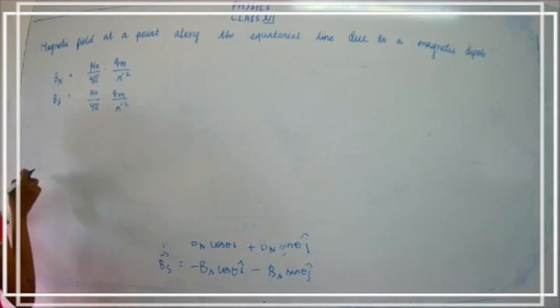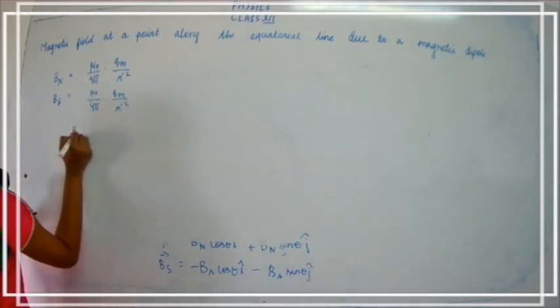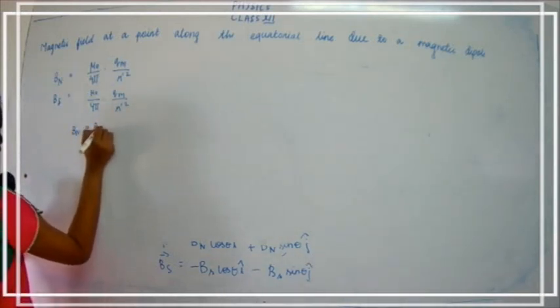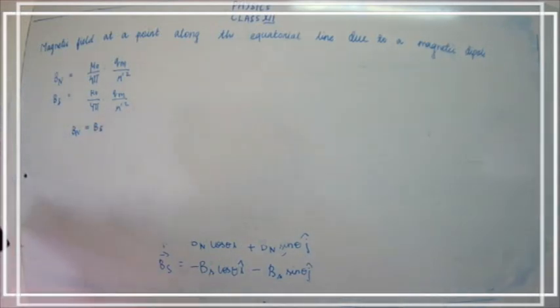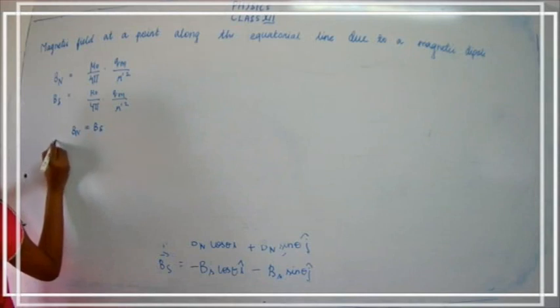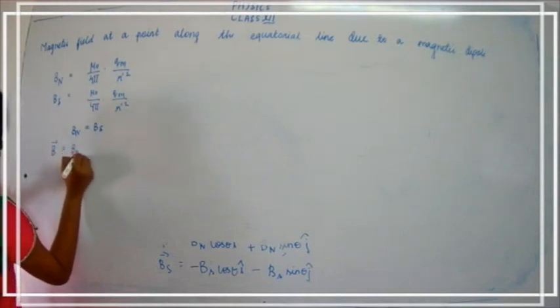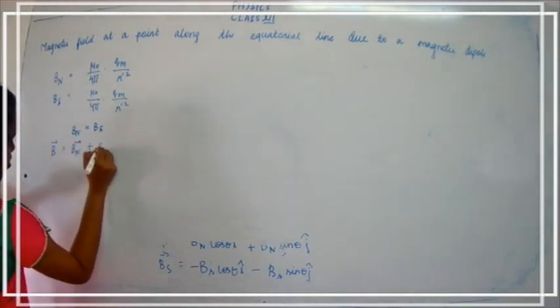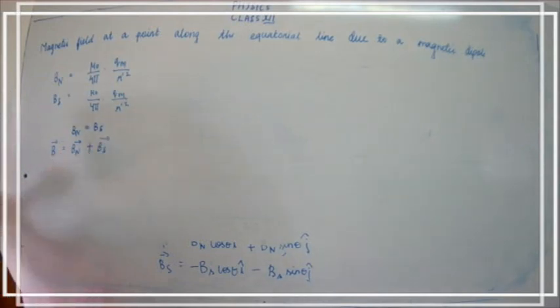Both are the same, so we can write Bn is equal to Bs. Now we are going to find the net magnetic field, B vector equal to Bn vector plus Bs vector.